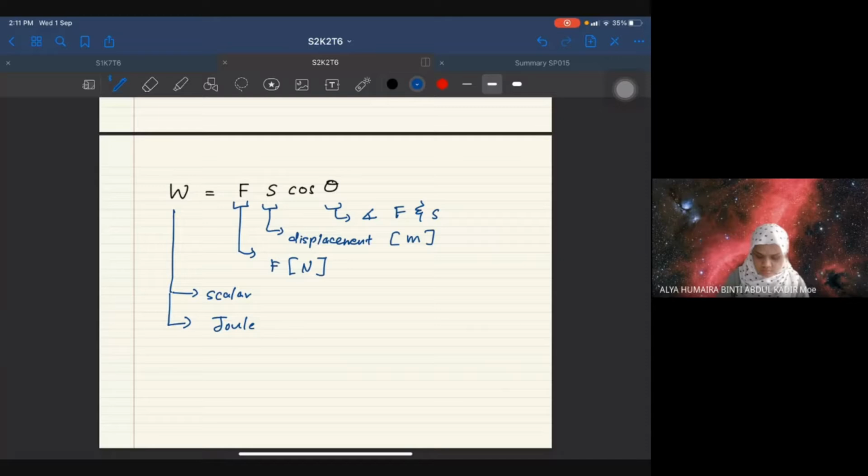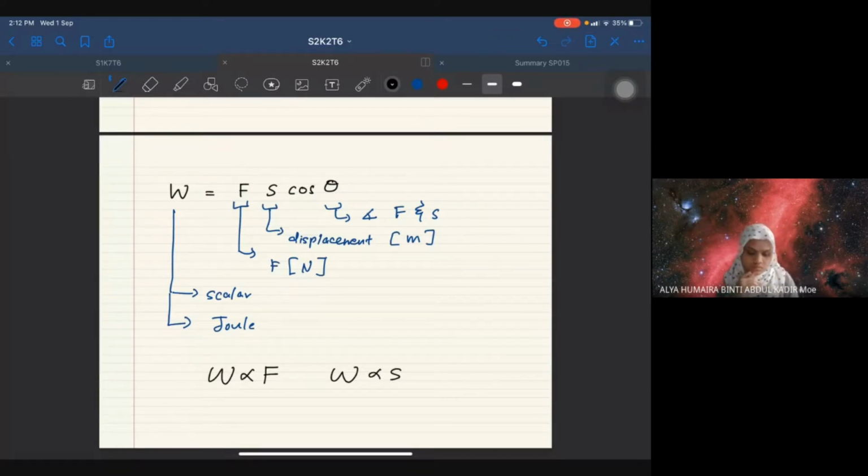And what else? So it's a scalar, and the unit is joule. Obviously, this work is directly proportional to F, and it is also directly proportional to S. So the further you do your work, the larger the work.